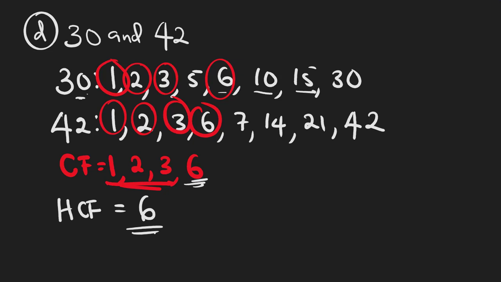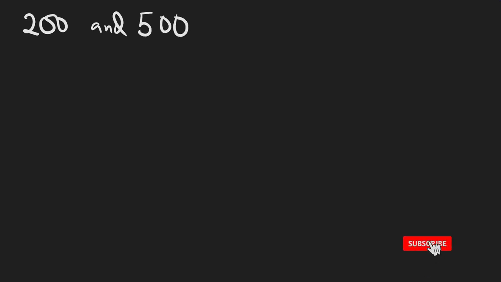But there's a better way of doing this, which I'm going to show you in a bit. Alright, the question now is, what if you are given larger or bigger numbers to find the common factors? For example, you are given 200 and 500 to write down the highest common factor or the common factors.